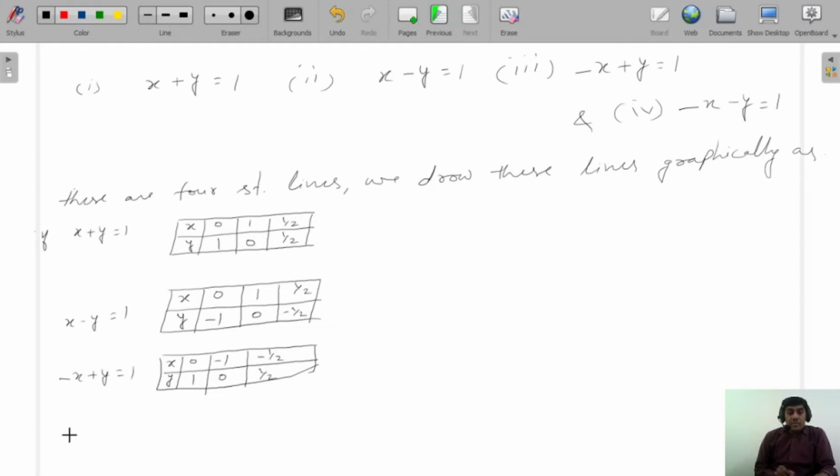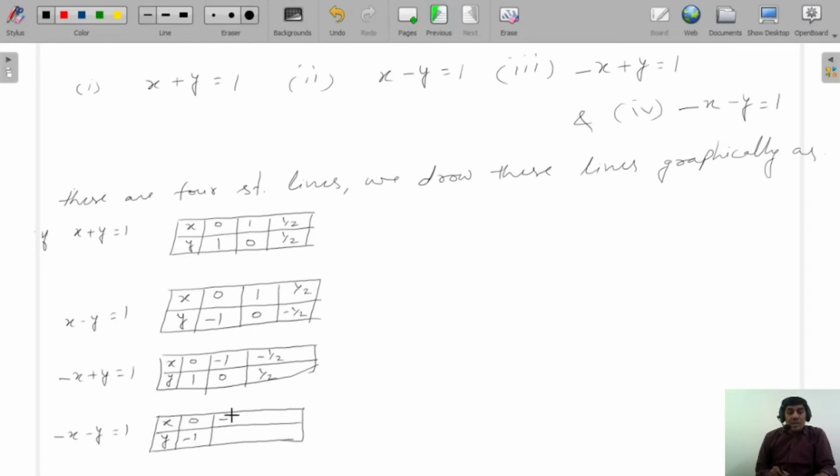Table for minus x minus y is equal to 1. If x is 0, then y is minus 1.